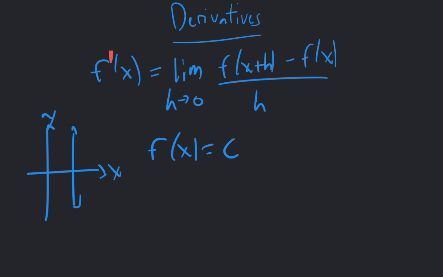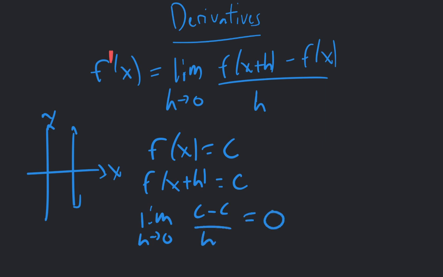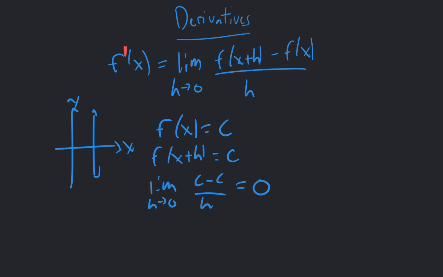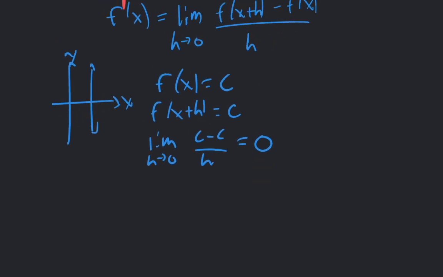But here we don't have that, so we just have f of x plus h is equal to c because there's no x's in this. So when we take the limit as h approaches 0, we get c minus c over h, which is just 0. So the derivative of a constant is, unsurprisingly, 0. There is no change to a constant.